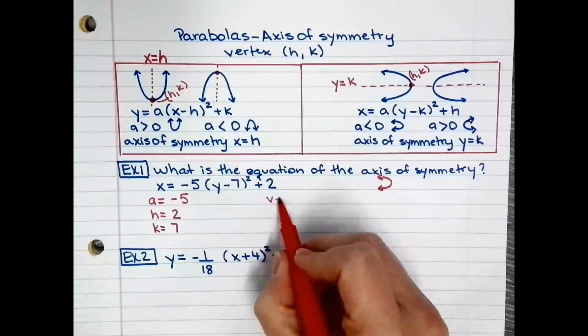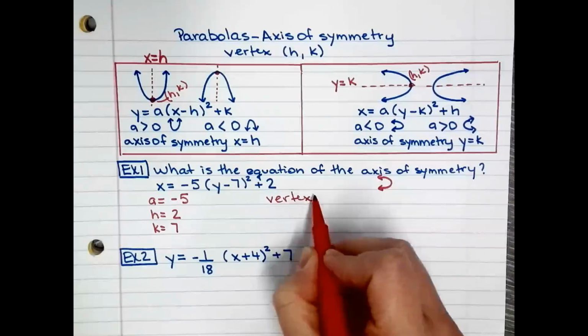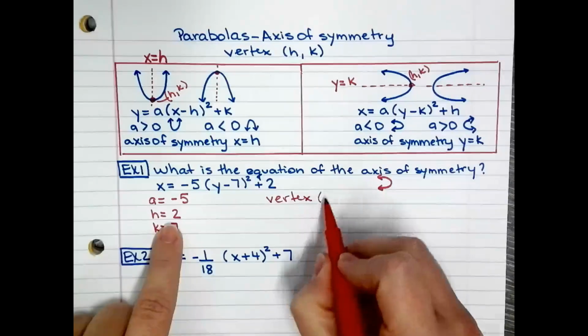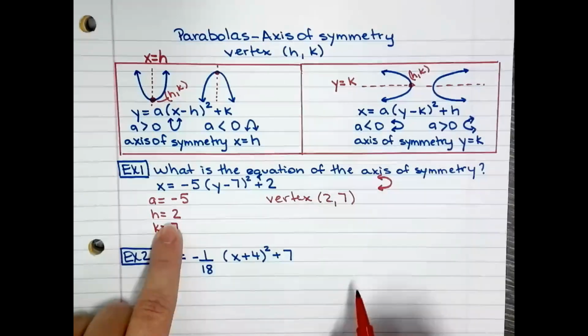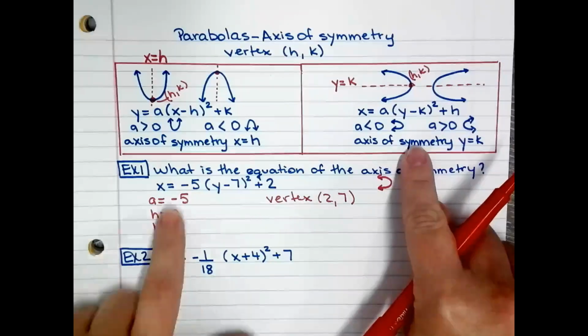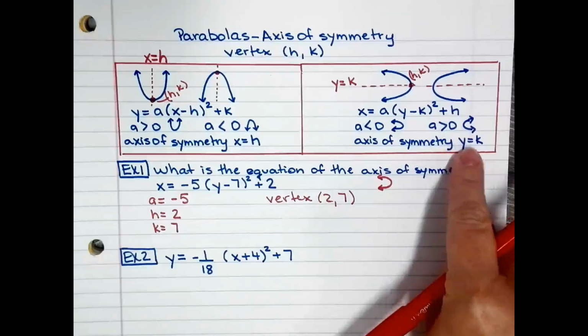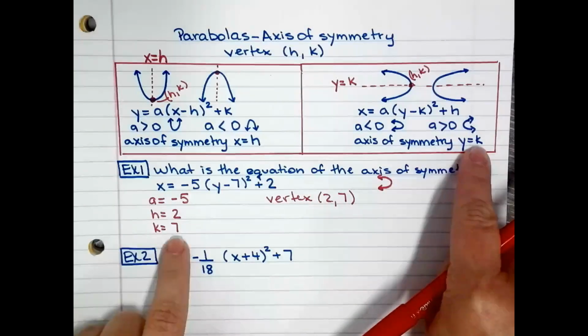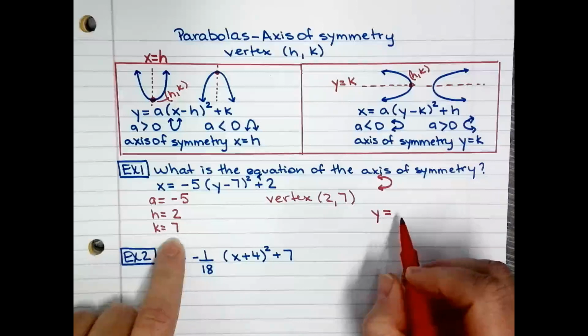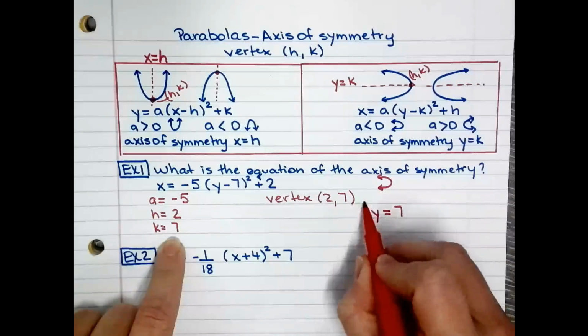So the vertex is still h and k. So h is 2, k is 7. I know from my cheat sheet, my chart, that the axis of symmetry is going to be y equals k, and k I already know is 7. So y equals 7.